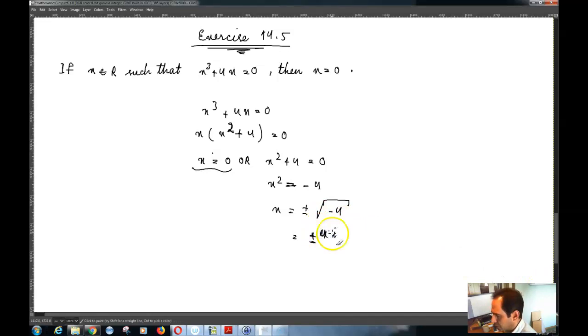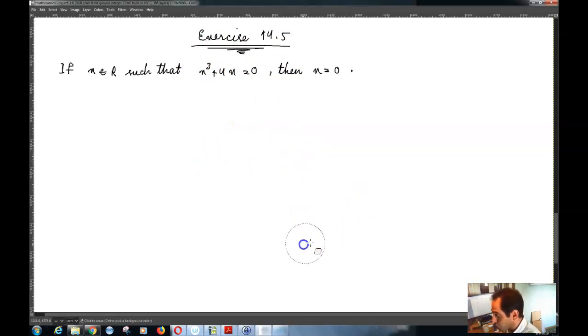Now these are not real numbers, but x is equal to 0 is a real number, so x is equal to 0 satisfies the equation. Now you want to prove that this is true using the direct method. We need to go back and see what the direct method was.